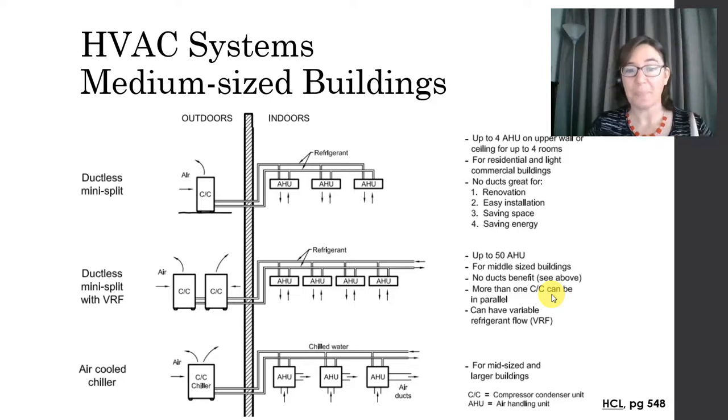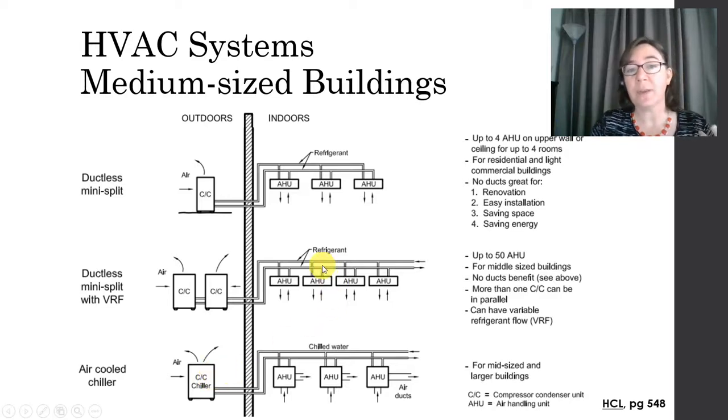All right. And finally, let's move to the mid-sized and larger buildings. All right. And so we'll have a larger compressor condenser chiller equipment. All right. Again, that will create chilled water system. So now we're distributing by water.